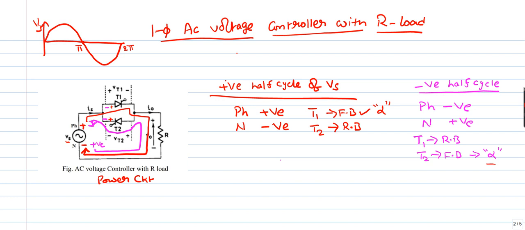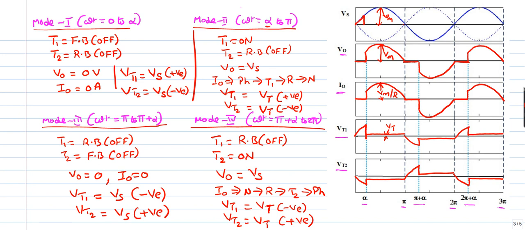We have divided one complete cycle of operation into 4 different modes based upon zero crossing points and triggering signals. Based upon the thyristor states, whether forward blocking, forward conduction or reverse blocking, we have identified the output voltage, output current, thyristor 1 voltage and thyristor 2 voltage, and completed the waveforms.